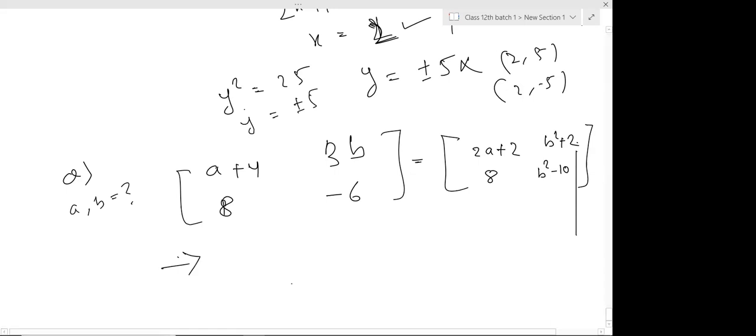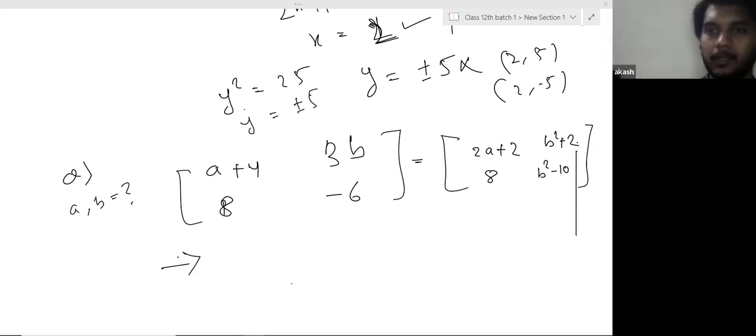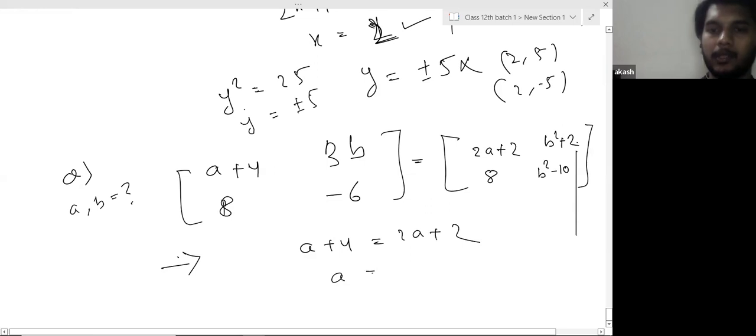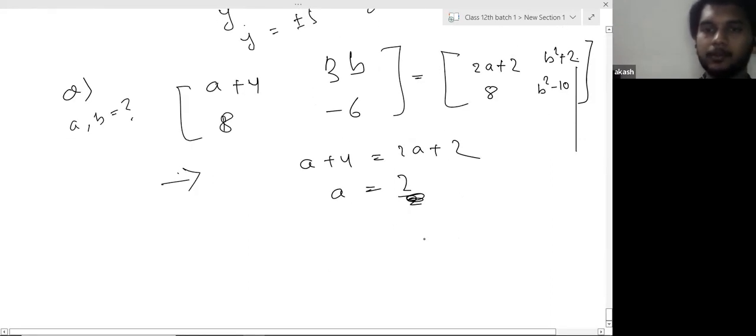See how we can solve this? We can write a plus 4 is 2a plus 2. So a is 2. Now for b, we can write 3b is equal to b square plus 2, or b square minus 3b plus 2 is 0.